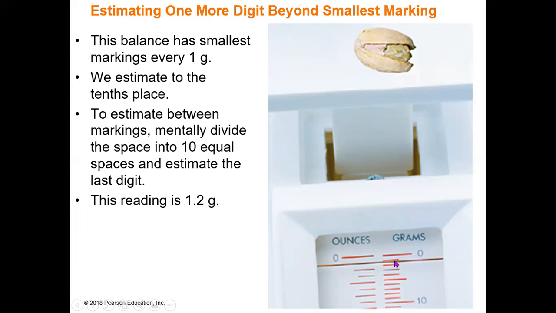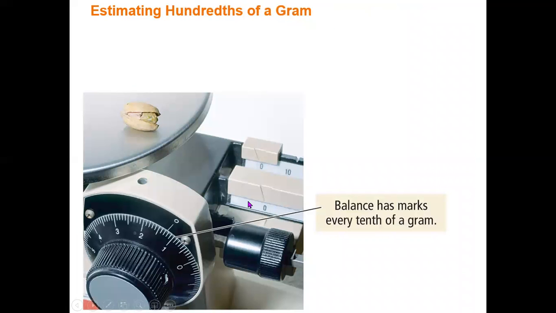We have to make 1 more estimate, get 1 more digit. So our reading for this mass is 1.2 gram. This last digit is an estimate, so different people will have different estimates. Some people might estimate 1.2, and some might estimate 1.3. That is all allowed.